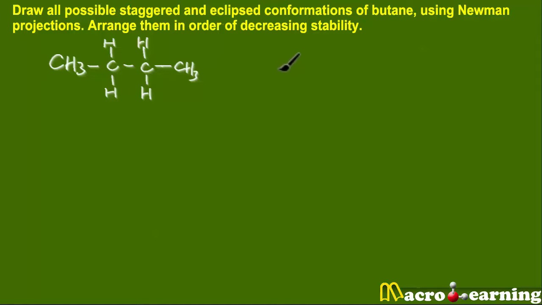So one of the Newman projections or one of the conformations will be, let's draw the back one first, corresponding to this whole group. So imagine you're looking to the right along this bond. Okay. So in the back we have this whole group. Say the methyl group on the top and two hydrogens here and there.